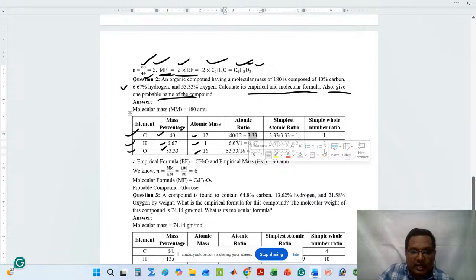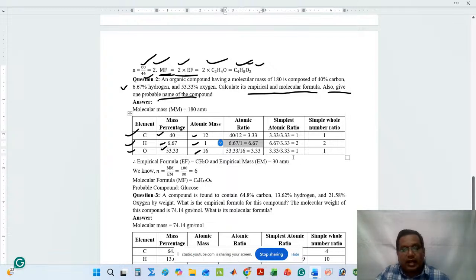Similarly, you can proceed atomic ratio for hydrogen. Here the mass percentage is how much? 6.67 percentage, and the atomic mass is 1. So here I can write 6.67 divided by 1, that is 6.67. Similarly, you can find the atomic ratio for oxygen.